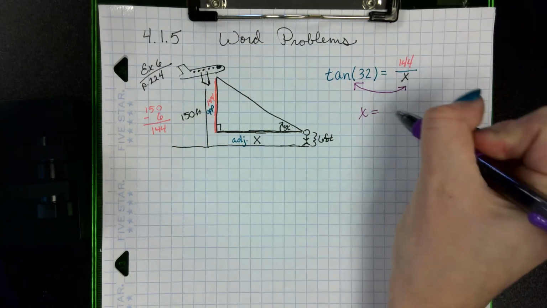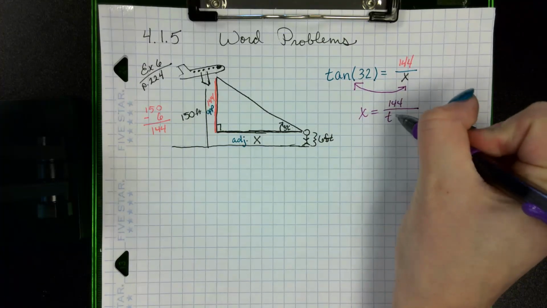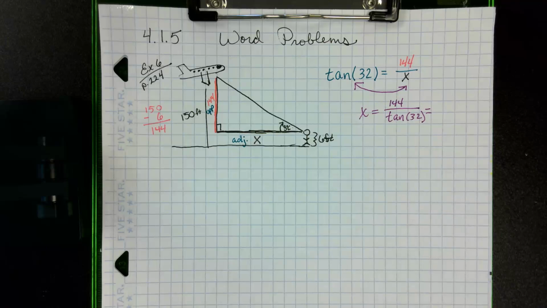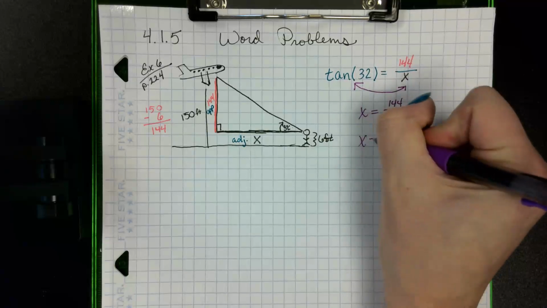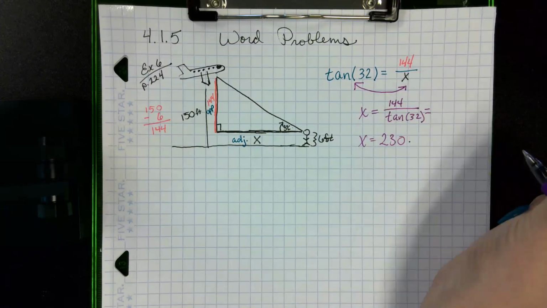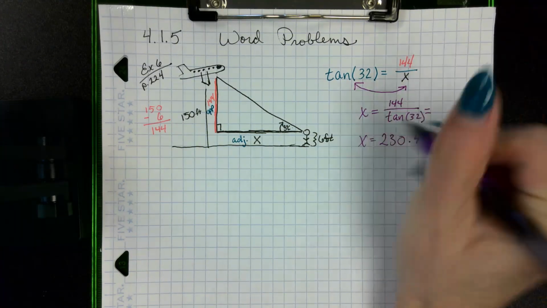So then x equals 144 divided by the tangent of 32. And as long as you're in degree mode, you can just type that in the calculator, and it should give you the value that x equals 230.448 feet.